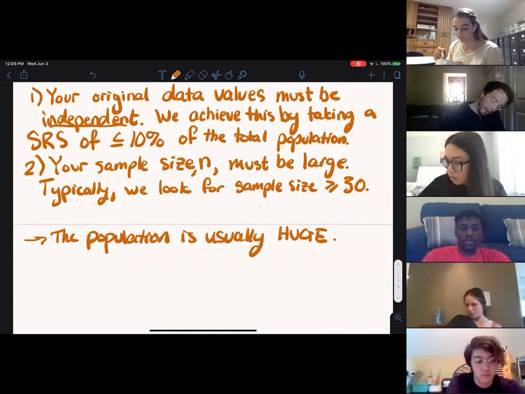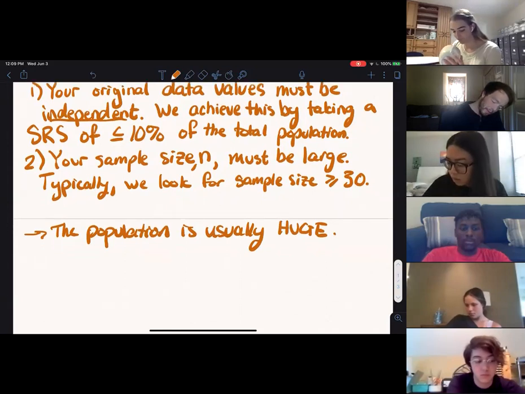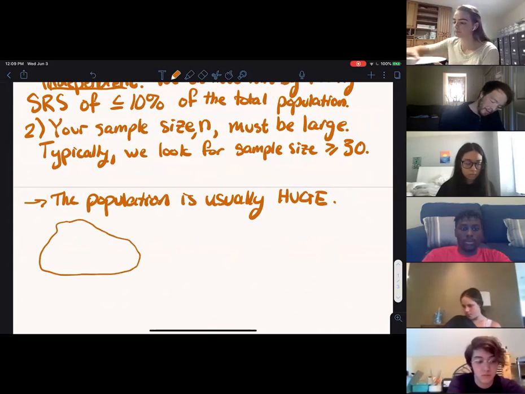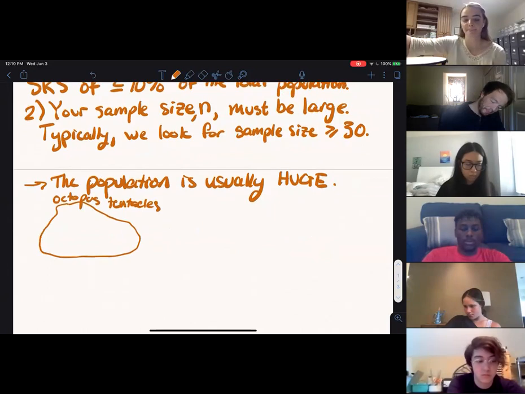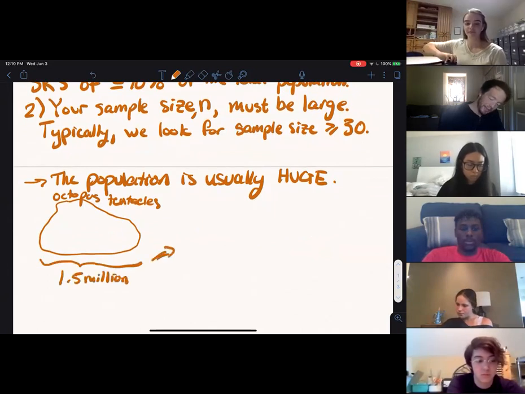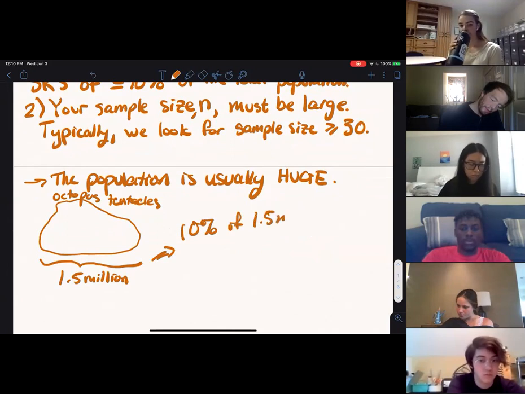So if I were to look at the whole population of octopus tentacles, maybe this is 1.5 million, right? So many octopus tentacles. And in this case, what is 10% of 1.5 million? Oh goodness, I should really know this.